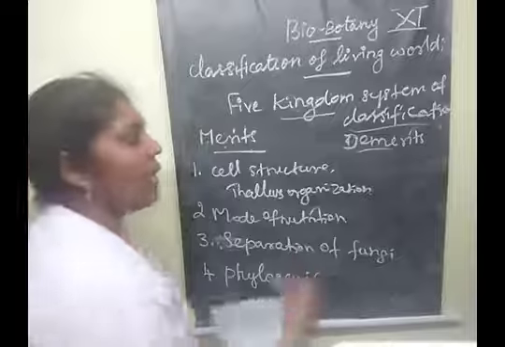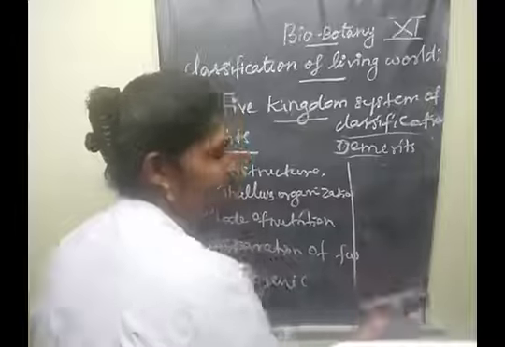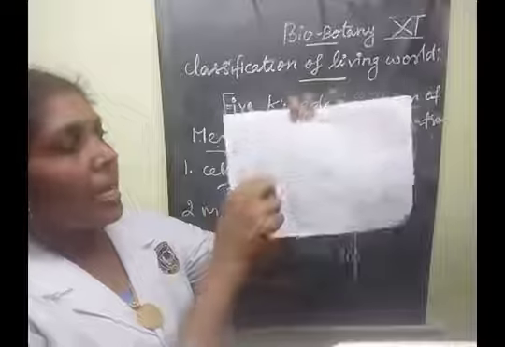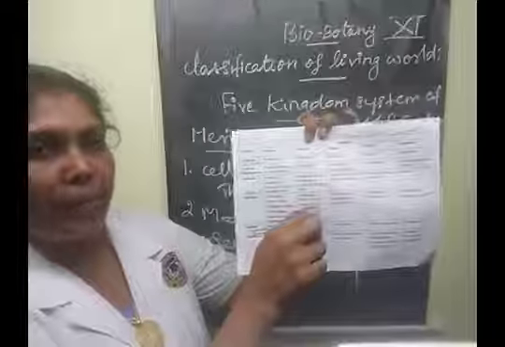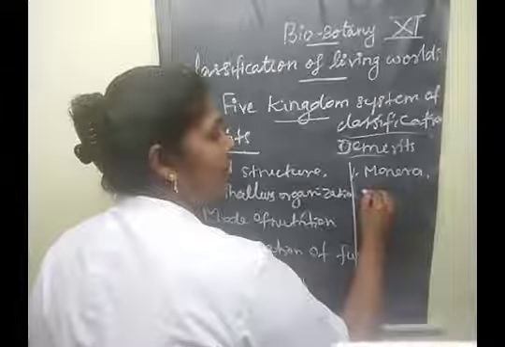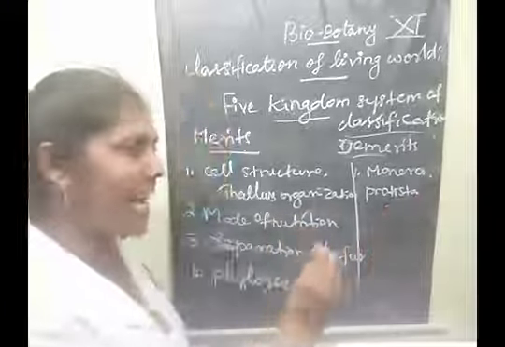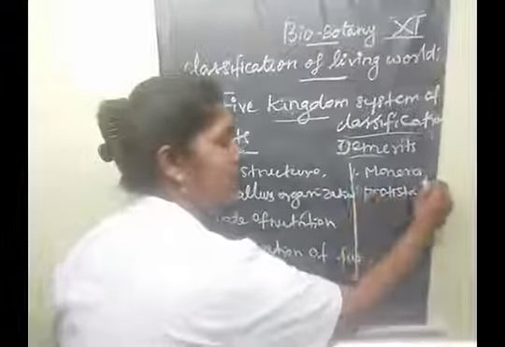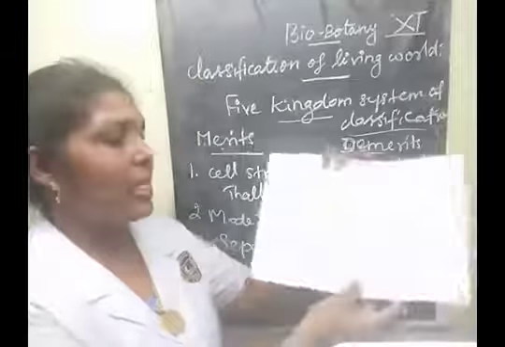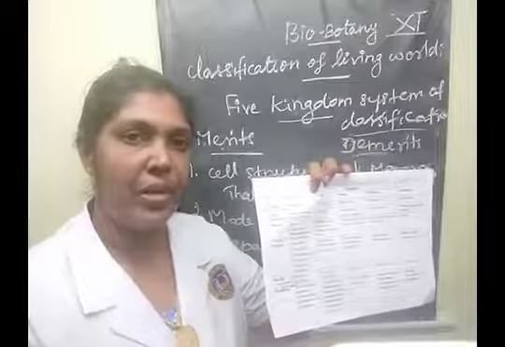Understood, children? What are the demerits of the five kingdom system of classification? First, see children, Monera and Protista. In these two kingdoms, the mode of nutrition includes both autotrophic and heterotrophic modes of nutrition.